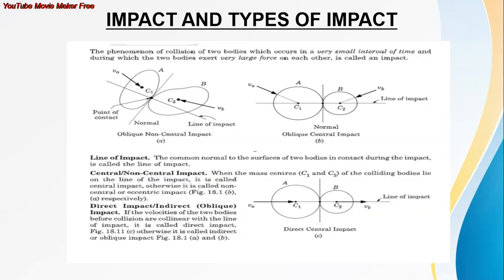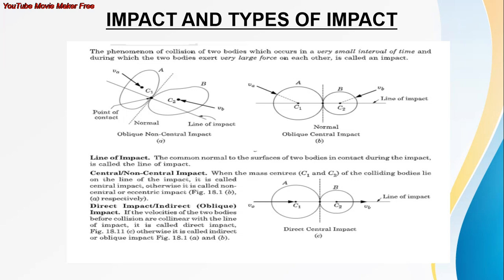First of all, we will discuss what is collision or impact and what are the types of impact. Basically, a collision of two bodies is an impact of two bodies for a very small interval of time, and during this time, these two bodies exert very large force on each other. This process is known as impact.